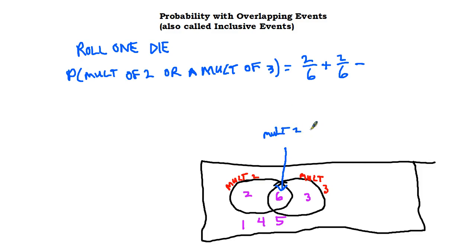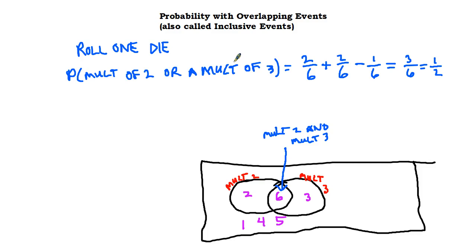This 6 represents multiple of 2 and multiple of 3, both. So we're going to subtract that off because that's overlapping. So there's 1 out of 6 ways to get a multiple of 2 and a multiple of 3. And that gets us our result of 4 minus 1, that's 3 out of 6. And finally, in the end, we can reduce, but don't reduce until the end, and that means there's a 50-50 chance. There's a 50% chance of getting a multiple of 2 or a multiple of 3 when we roll one die.